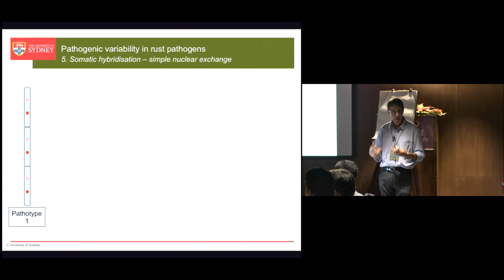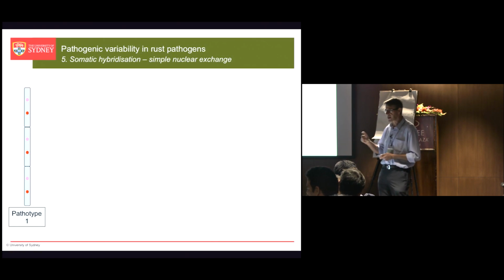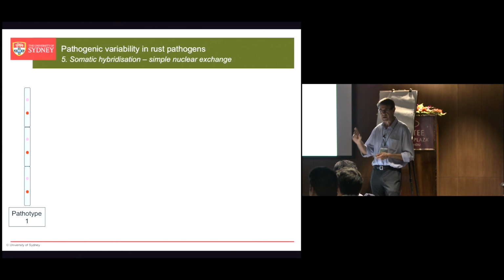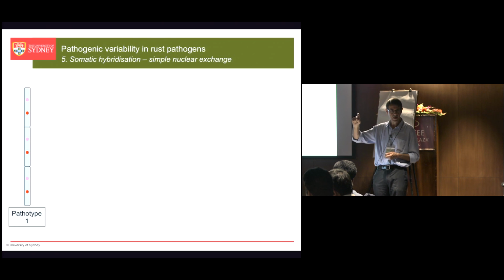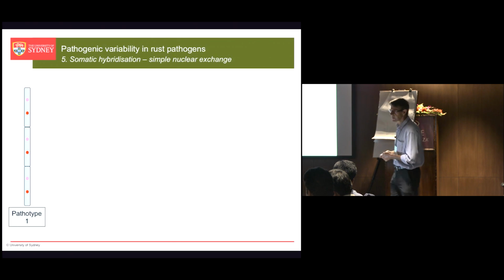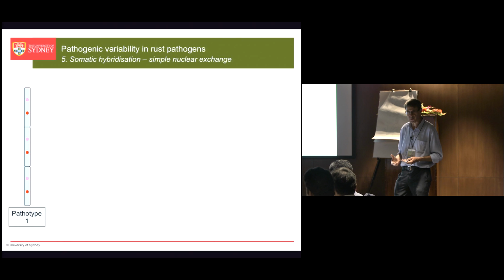And what we've found with these rust isolates is that these 2 nuclei are invariably genetically very different. So you don't have 2 nuclei in a rust that are identical. There's usually a huge degree of genetic difference between the 2 nuclei. And that's what makes them so difficult to work with genetically.